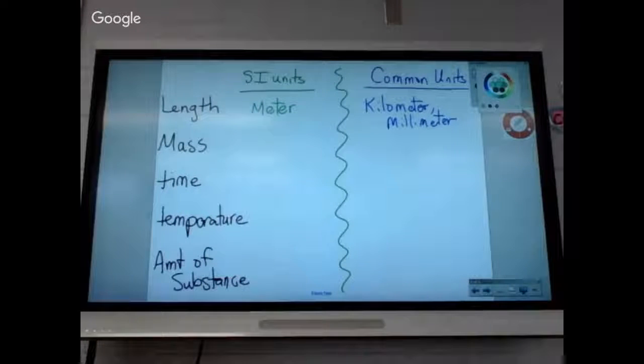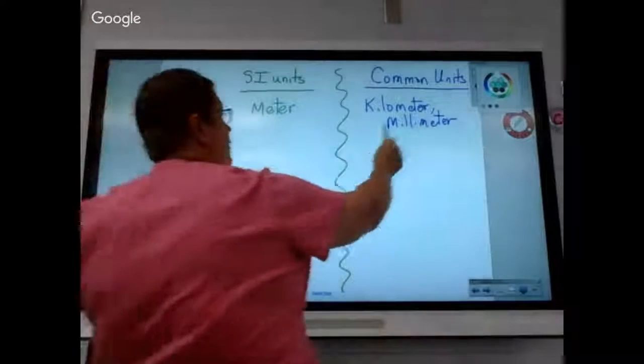All right. Now, the SI unit for mass. This one usually throws people off. We're going to do volume in a minute. That's going to be over here in this column. How are we going to measure mass? What unit are we going to stick on the end of it? Gram. All right, gram is going to go over here.